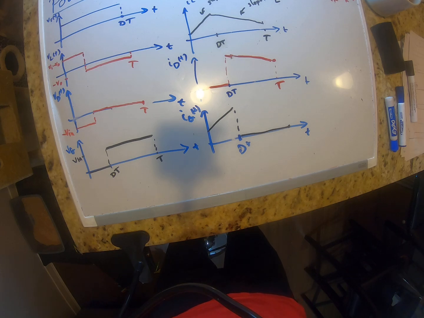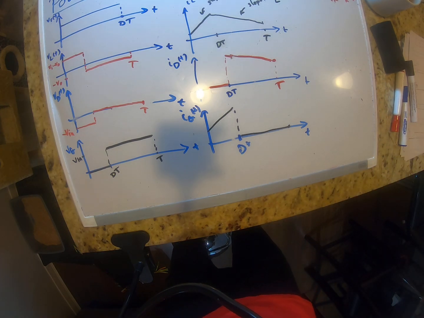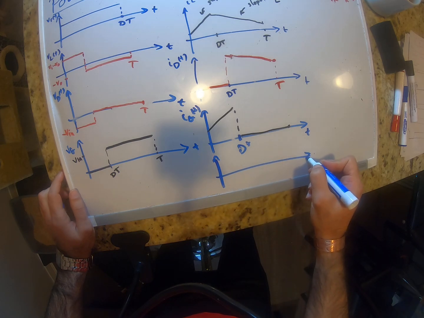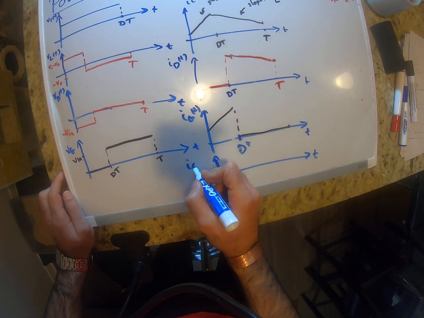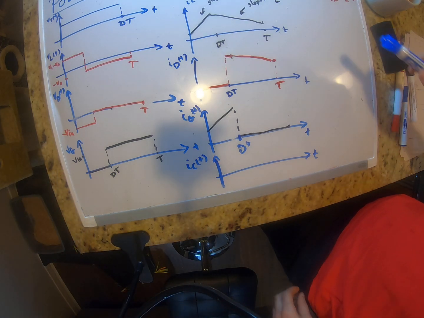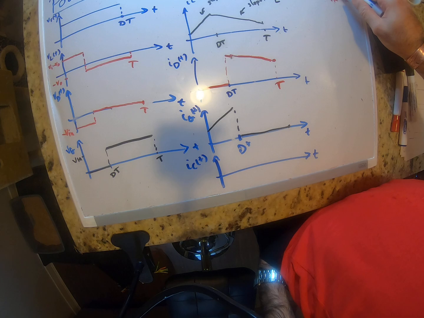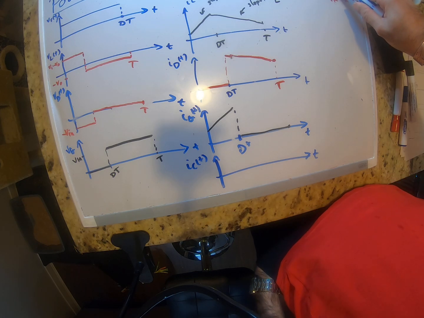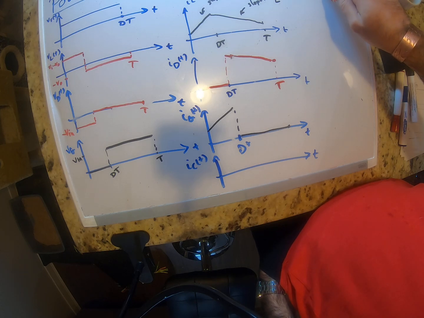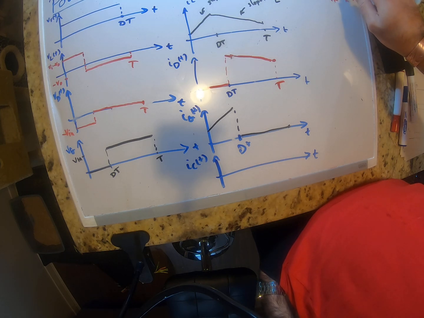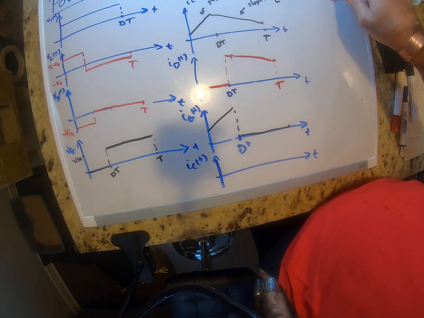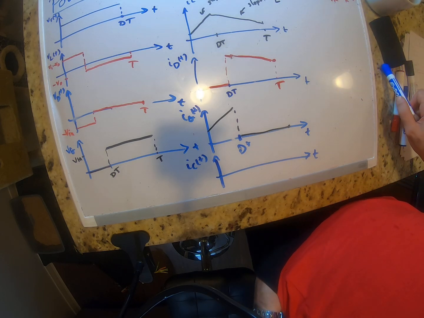Now let's take a look at the capacitor current. If you look at it, it's always equal to IL minus IR, okay?